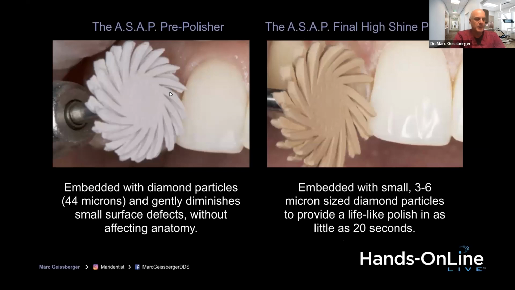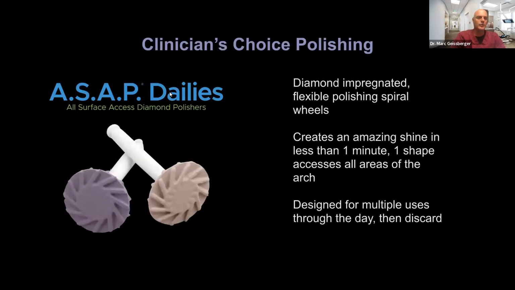The first step employs 44 micron polishing diamond particles, and then the second provides those 3 to 6 micron diamond polishers that really get a high luster on your composite. Not only that, they're designed to spare the anatomy you work so hard to create. So they really work well.